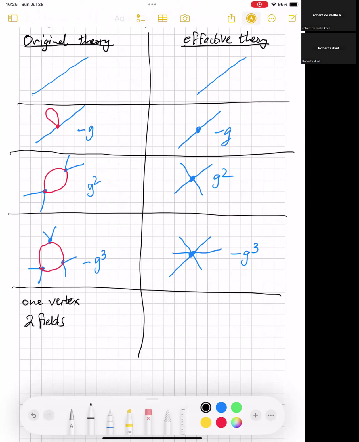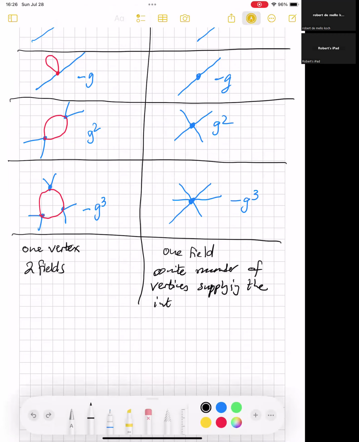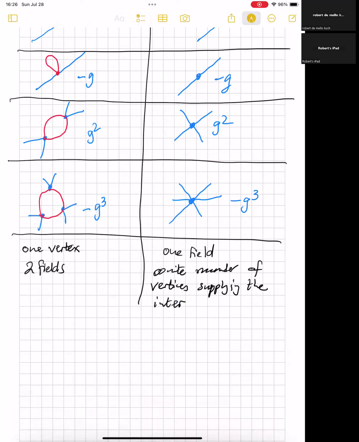In the effective theory, we have one field and an infinite number of vertices which are supplying the interactions mediated by phi greater than.